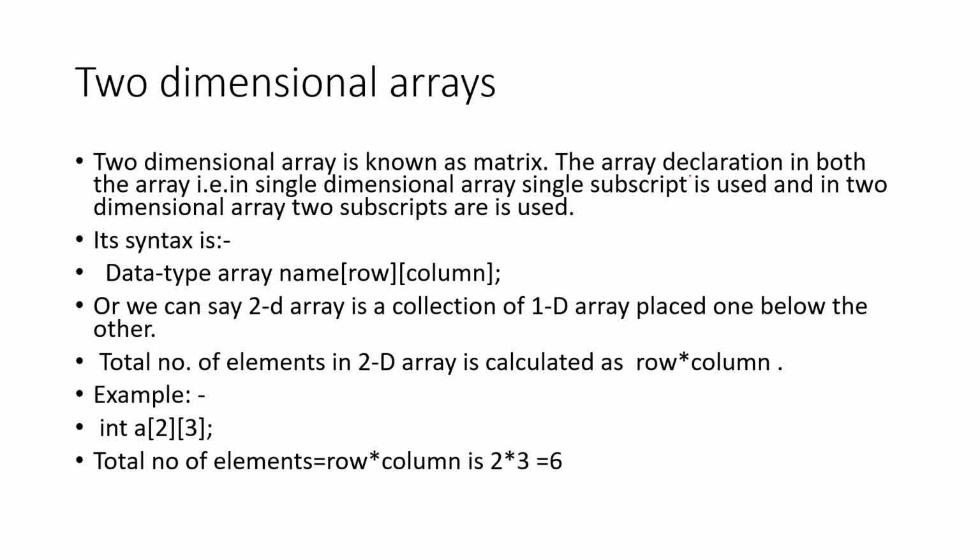In multi-dimensional array declaration, two subscripts are used. The syntax is data type, array name, and row and column size. For example, int a[2][3] means it is a 2 by 3 matrix, like this.